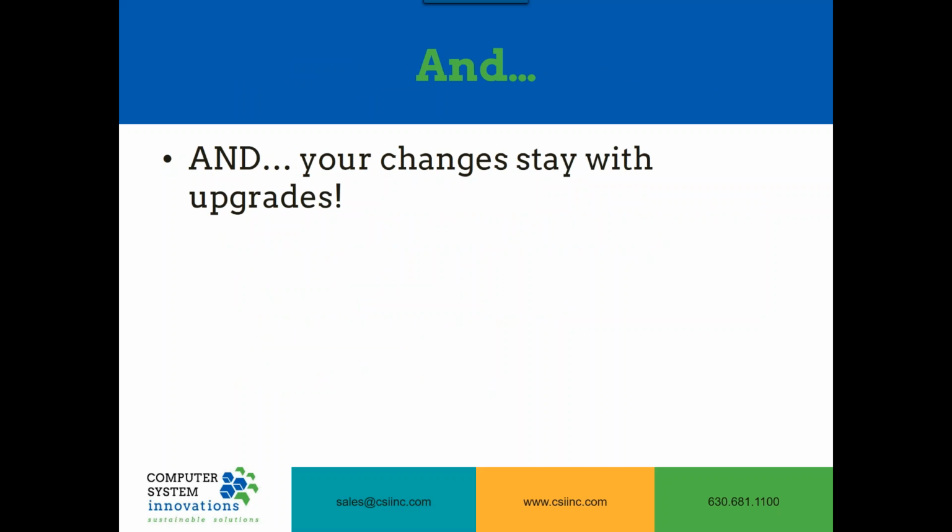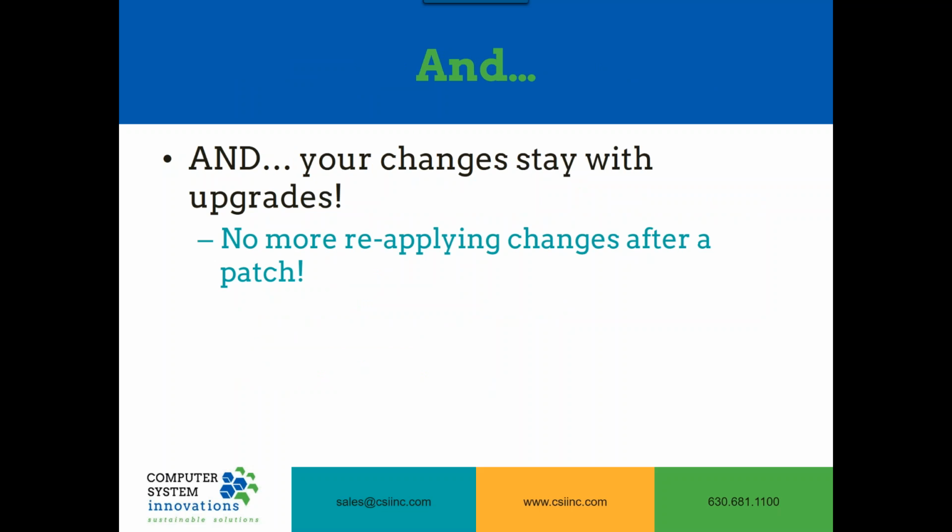So the really nice part about all of that, if you are using PageFilter, is your changes stay with upgrades. As I said before, if you go out to the server and you try and make some of these changes, and then you do a quick little patch, boom, everything's gone. And you've got to remember or have written down every change you made. And if you want to turn it off and it's out there, you got to find out where it is.